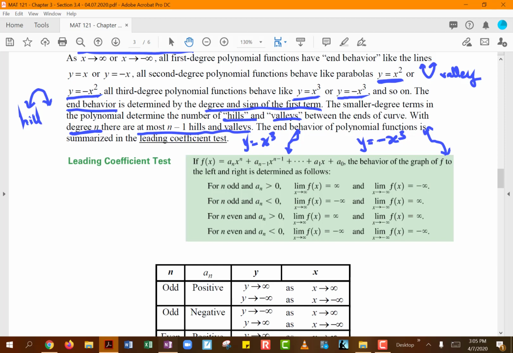So remember, we are only interested in the first term of our polynomial. We want to know what the degree is, so that's degree n, and what the sign is on our leading coefficient.